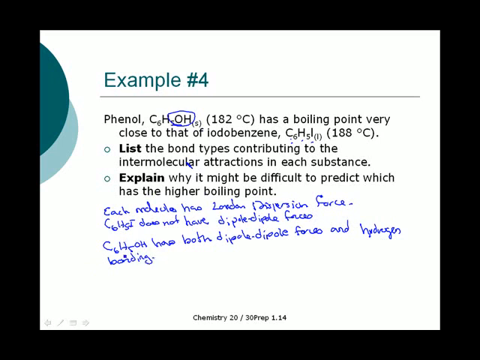So when we take a look, though, we might expect phenol to have a higher boiling point because it has those stronger forces. But what we actually see is that iodobenzene has a higher boiling point.